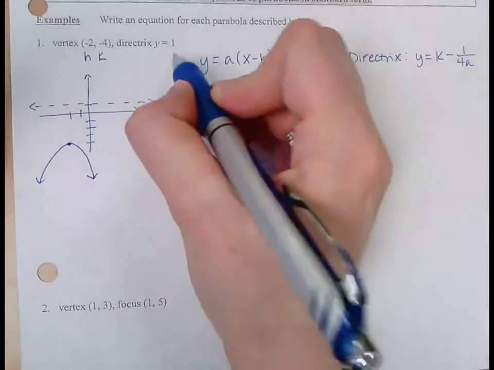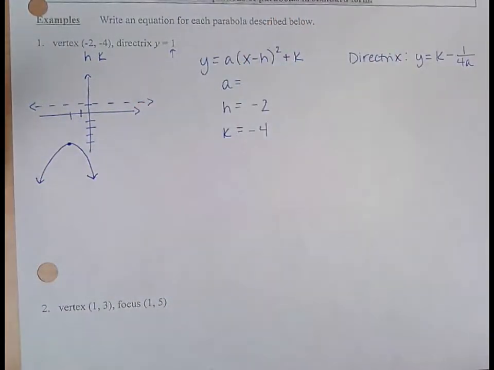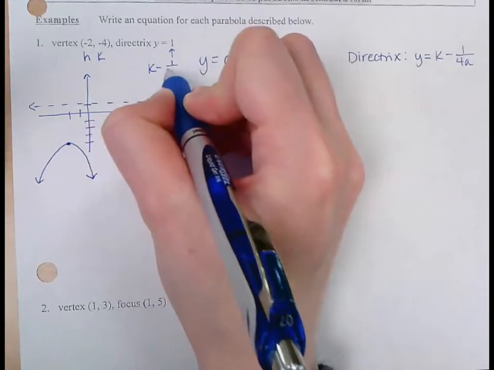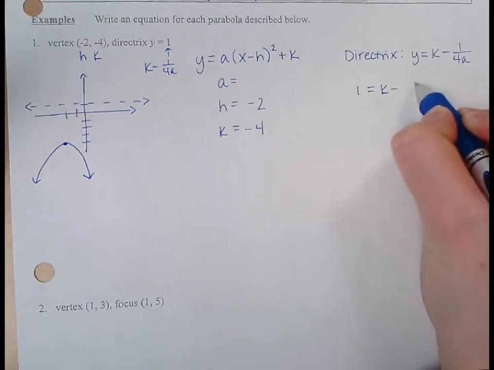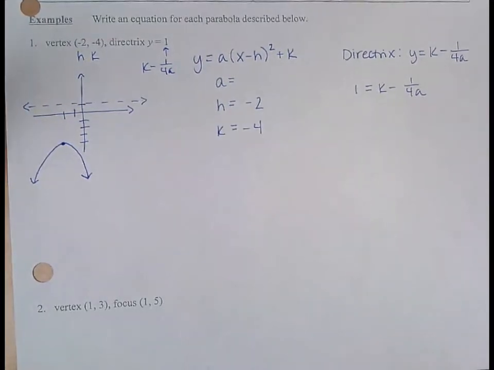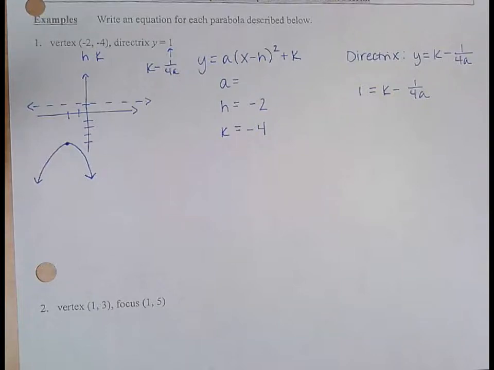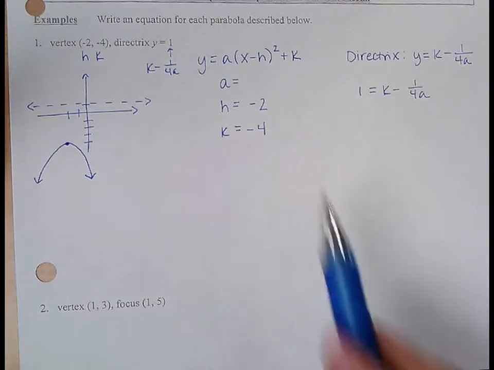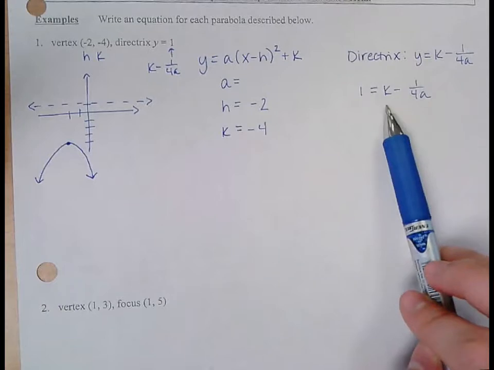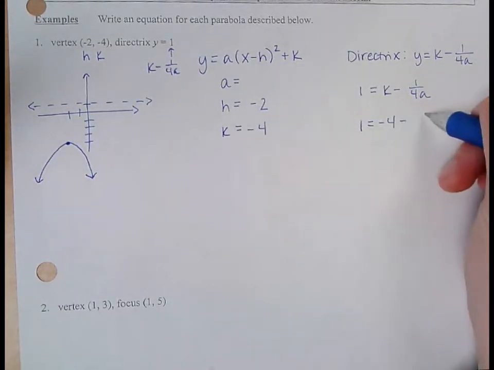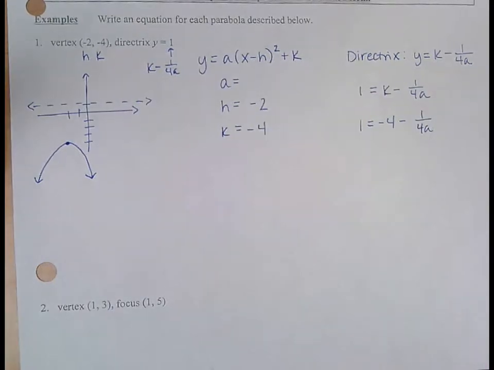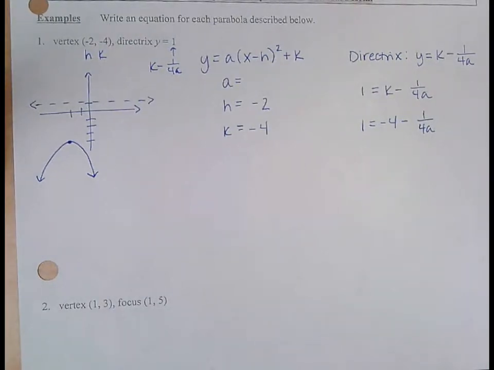So that means 1 is equal to k minus 1 over 4a. I can set up an equation there. I know what k is. I've already identified k is -4, so I can substitute that in. So I have 1 equals -4 minus 1 over 4a. And now I have an equation that I can solve for a.